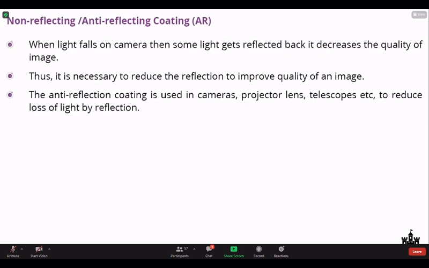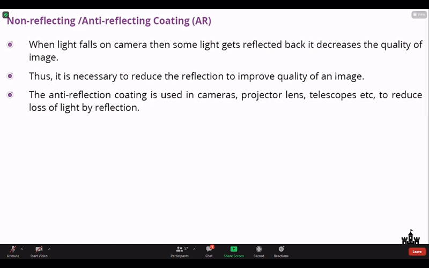Another application is you can create non-reflecting or anti-reflecting coatings. In many applications like projector lenses and camera lenses, you want all the light to be absorbed in the device, right? In a camera, you want all the light to come inside to form the image. You don't want the light to be reflected back because it will decrease the quality of the image.